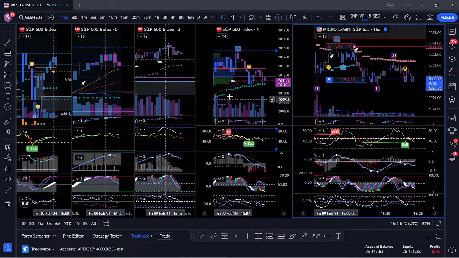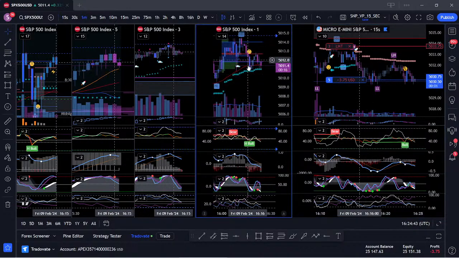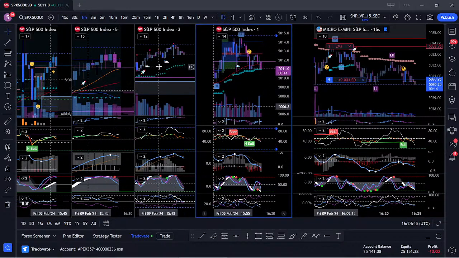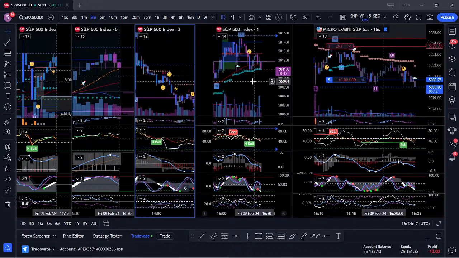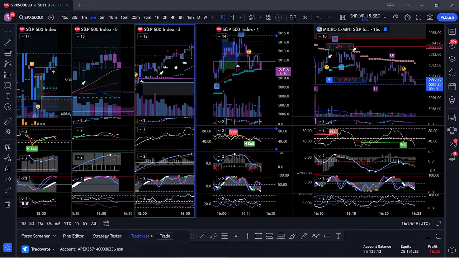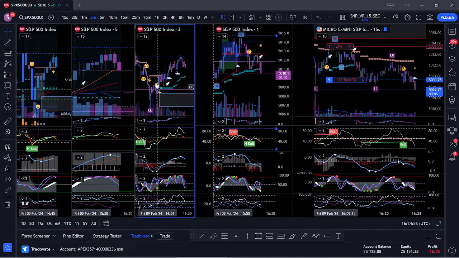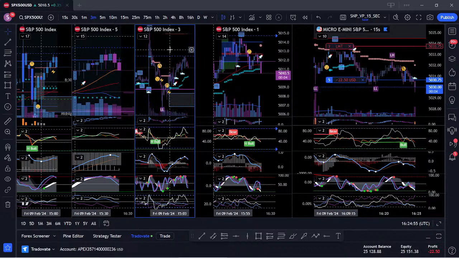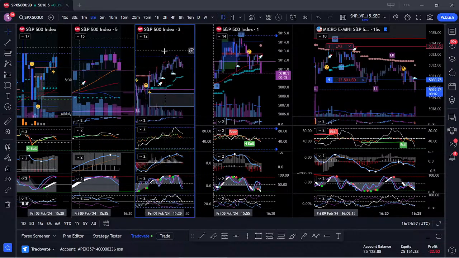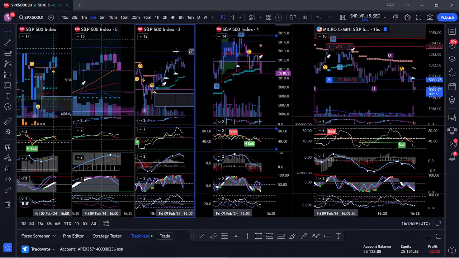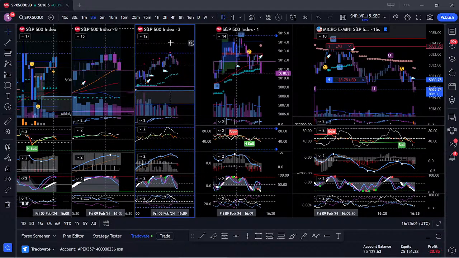This is lower high. We are still on higher low on 1 minute. This is lower high considered as a 1 hour, as a 3 minutes.